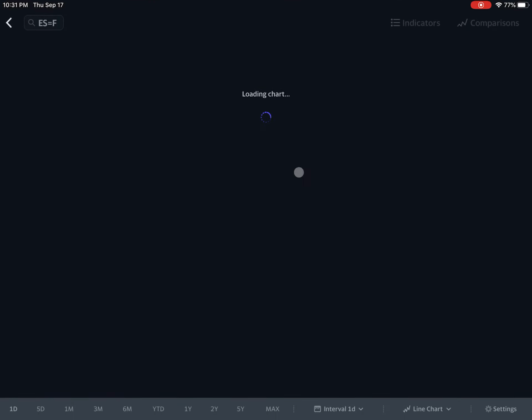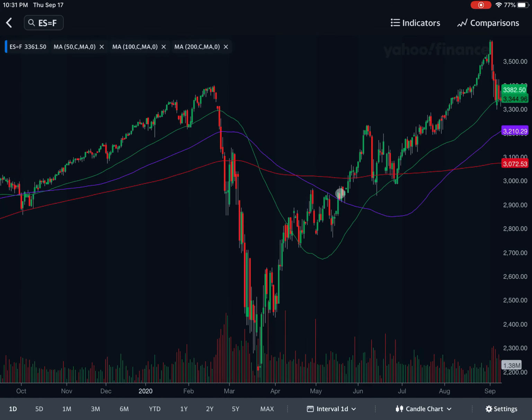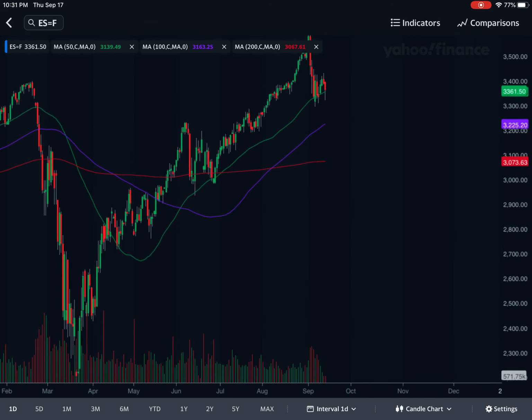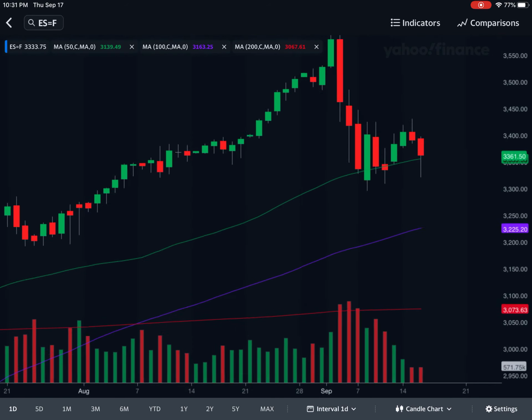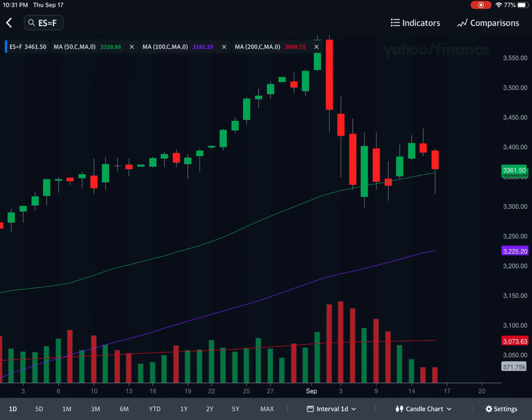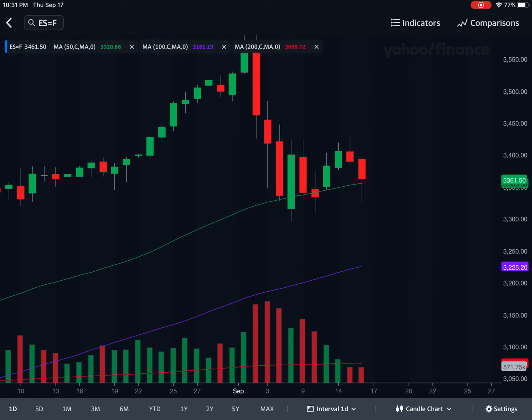A gap up is where, this is not really the charts I like looking at for actually looking at charts that much because it's harder for me to see. But a gap up is where it closes up here and then it opens higher.